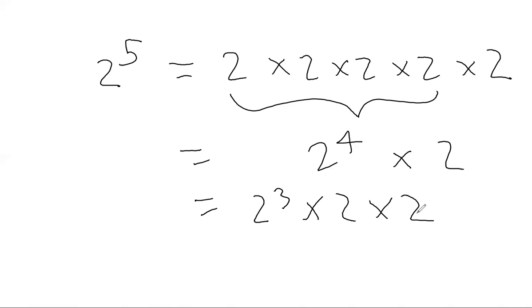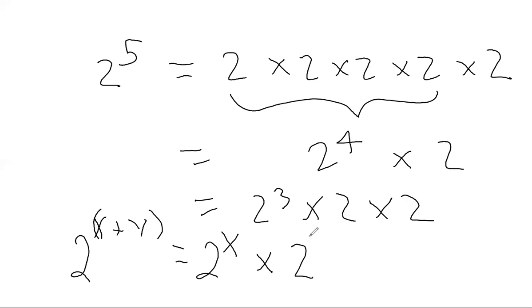In other words, each time I increase my exponent by 1, I'm doubling the value. This is the power of the binary system, is that I can double, and doubling gets numbers big very, very quickly. And so the general purpose of this math that I'm describing is 2 to the x plus y is equal to 2 to the x times 2 to the y.